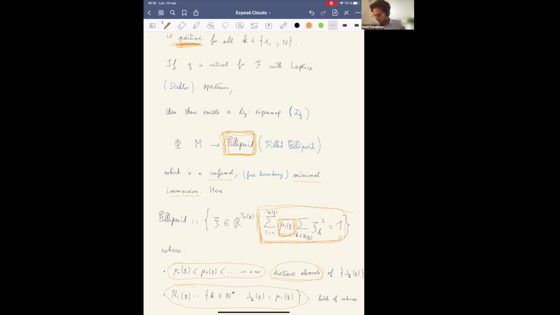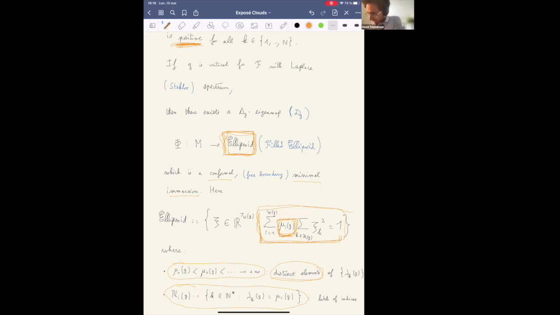In the case of a sphere, if you consider only one given eigenvalue, then you get only one possible weight, and so your ellipsoid reduces to a sphere. Okay.